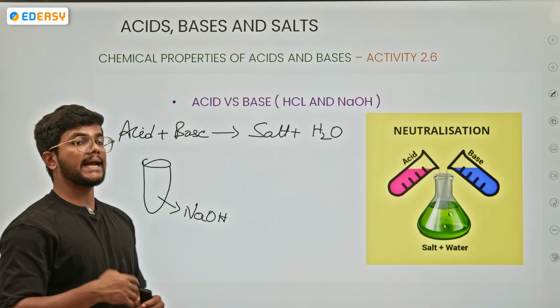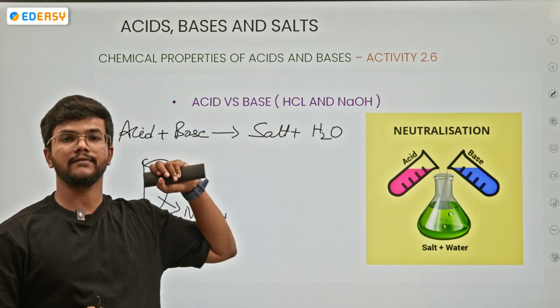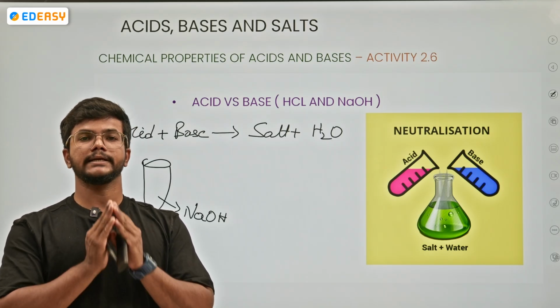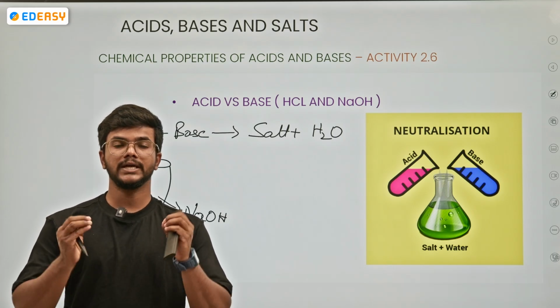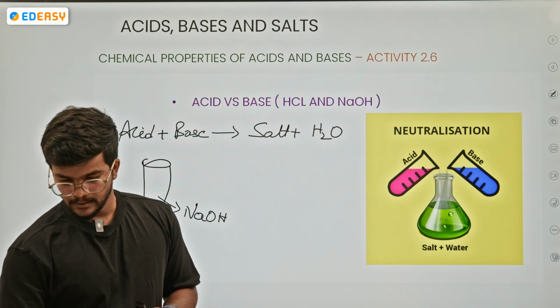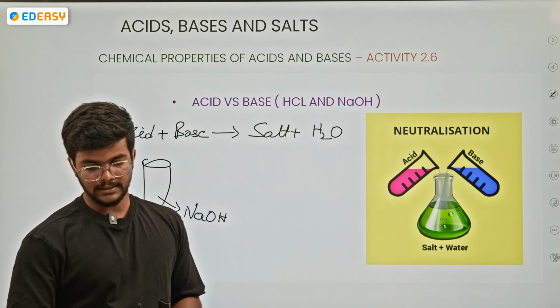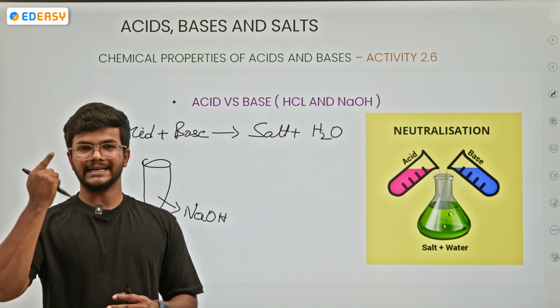NaOH can be identified with which indicator? In the previous activity we have done the phenolphthalein indicator test, red litmus, blue litmus, and methyl orange test. So which indicator is best for the base? Red litmus is an indicator, but it is a physical, dry indicator.